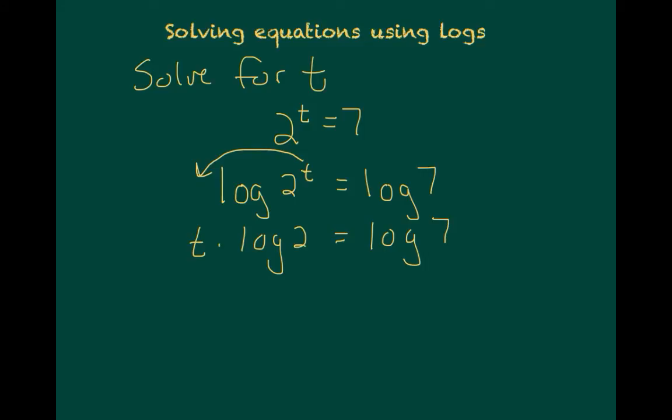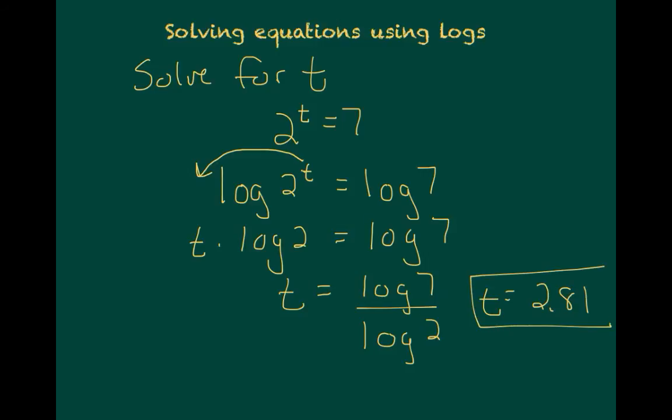And just like log of 7 is a number, so is the log of 2. Not a pretty number, but it's a number nevertheless. So I can say that t equals the log of 7 divided by the log of 2. And when I plug it into my calculator, I'm going to see that t equals about 2.81.